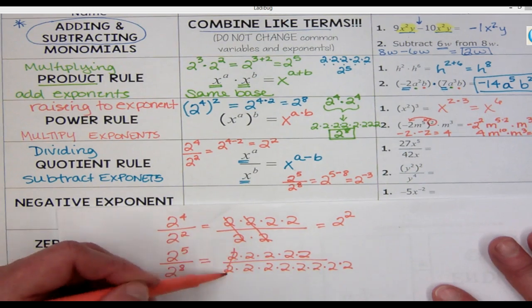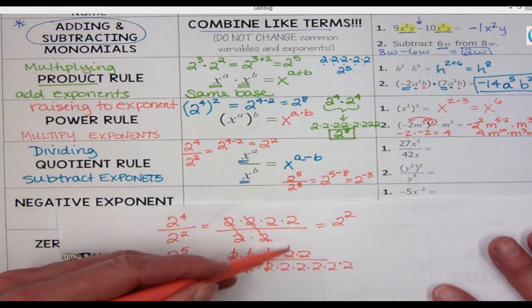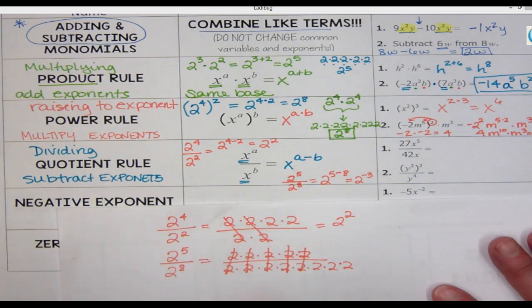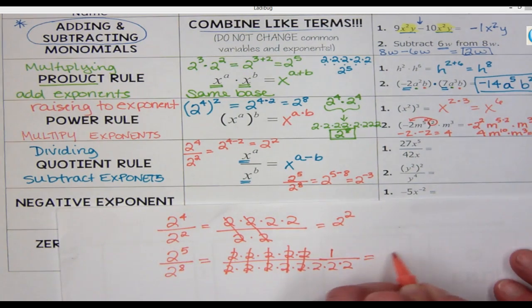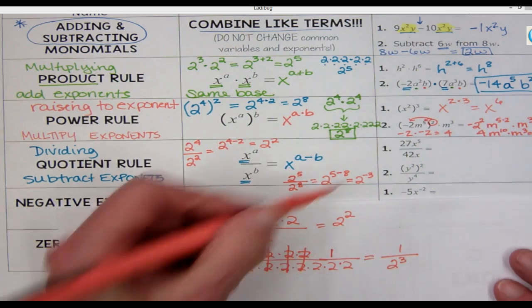Then when I start canceling them out, they're going to battle, right? And who's going to be left? These 3 twos on the bottom. What goes up on the top? There's nothing on the top. Well, we know we've canceled all these out and they have equaled 1. So the 1 is still left on the top. This is actually going to be 1 over 2 to the 3rd power.